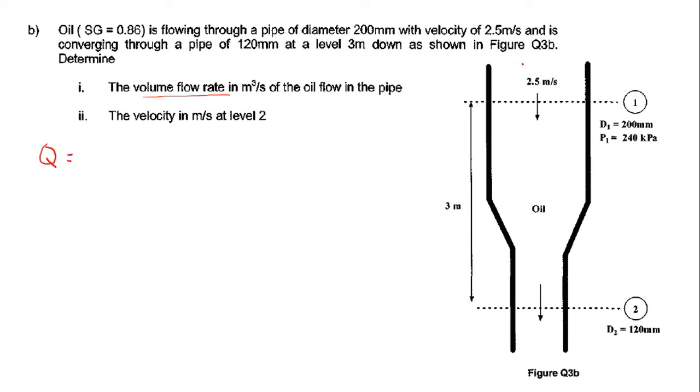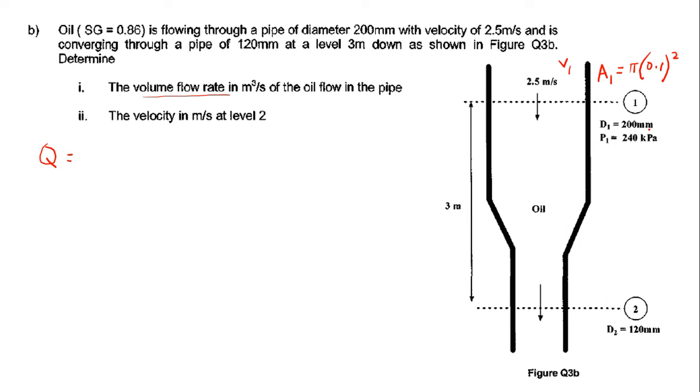Okay, so what do we have? We have V1 of 2.5, and we have A1, which is pi times 0.1 square.